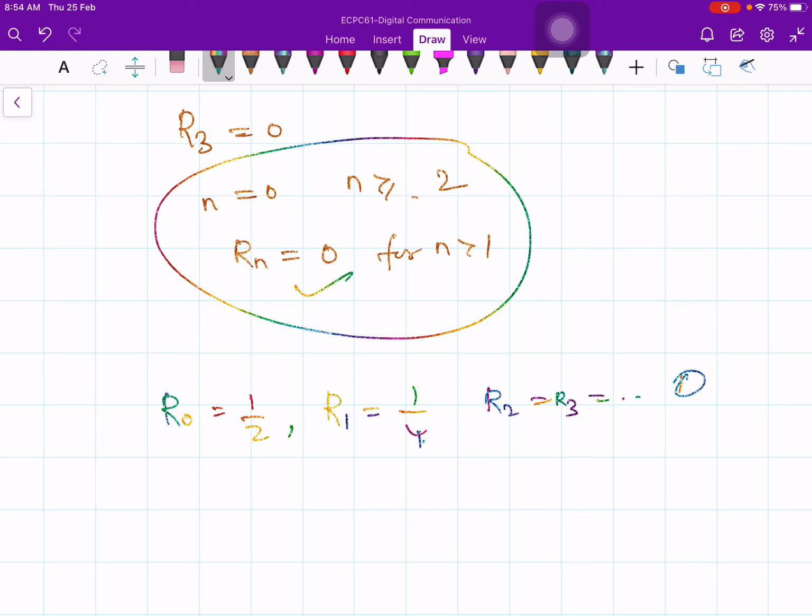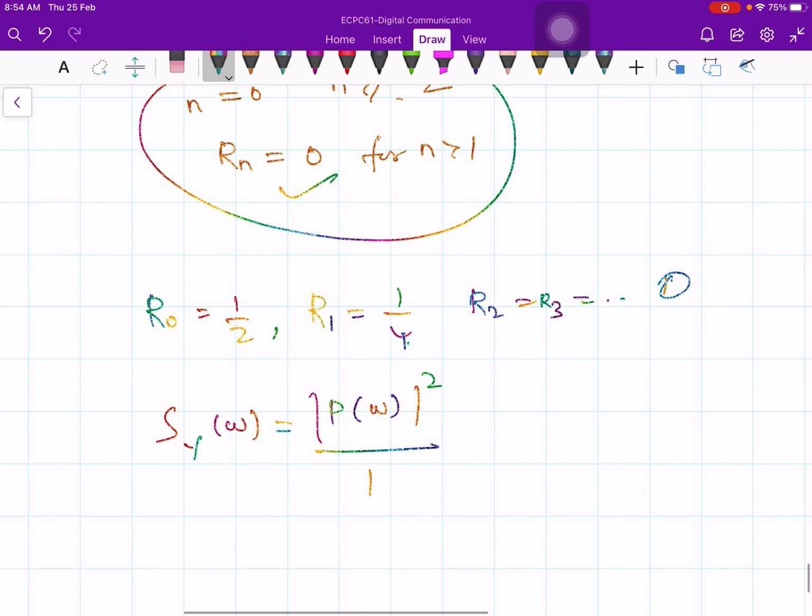Okay, now let us calculate the output power spectrum. Sy of omega is equal to, we know the formula, P of omega mod square divided by T naught, and then I have this spectrum. What is that spectrum? Sx of omega.